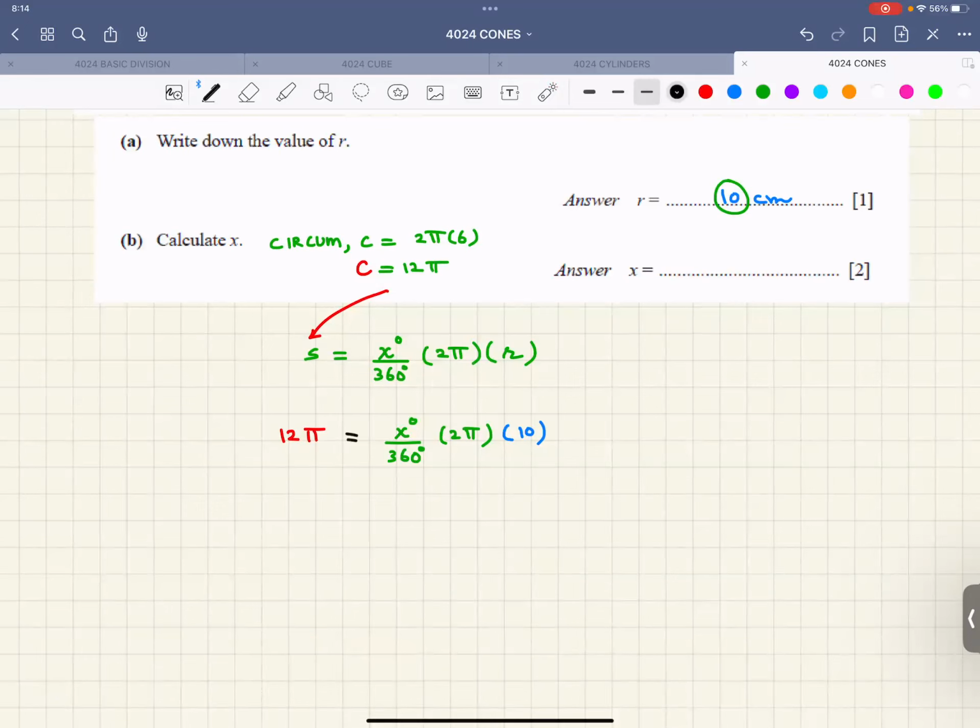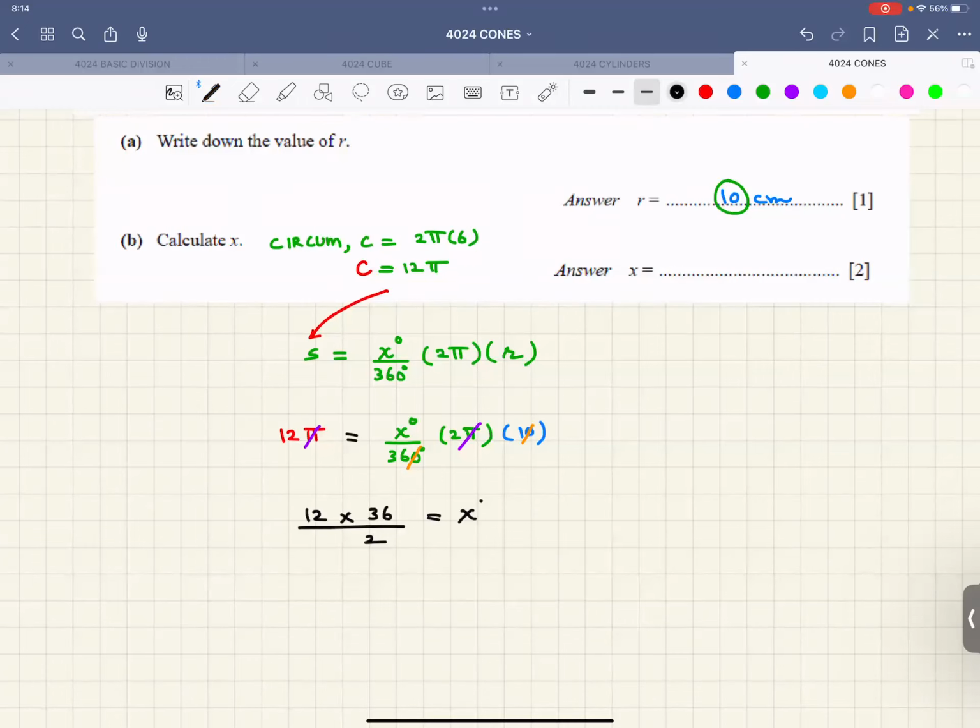First of all, get rid of pi and the pi. Get rid of the 0 over here and the 0 over here. And then just go to the other side. So 12 into 36 divided by 2 equals x.